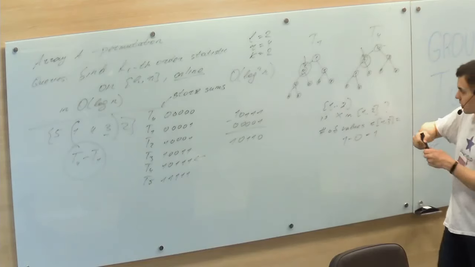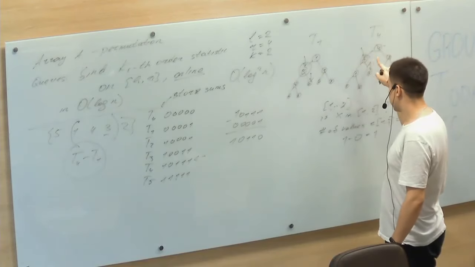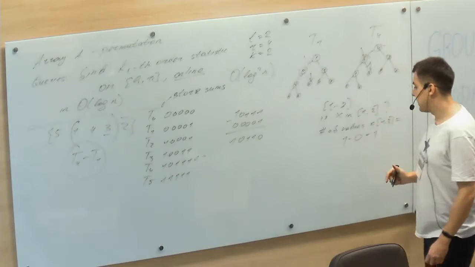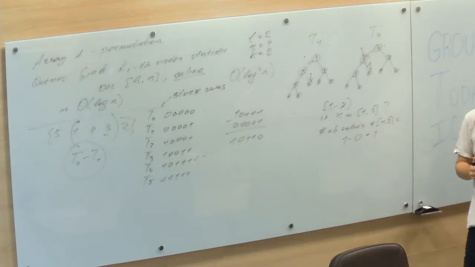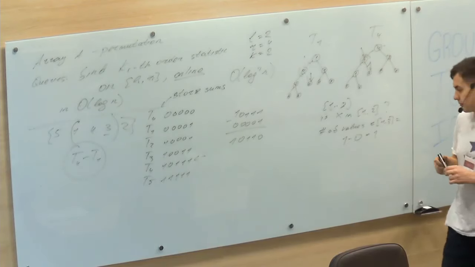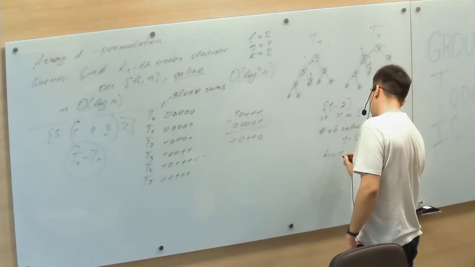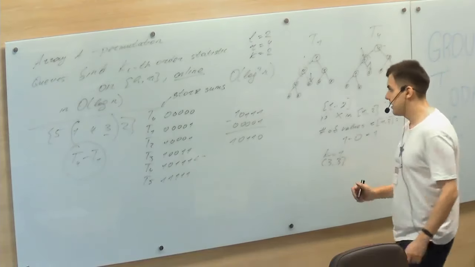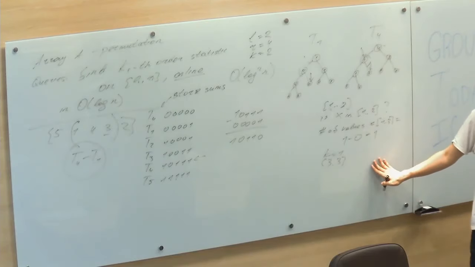That means that we should go to the right. In this case, we decrease k by what we skipped on the left: k minus equal 1. Then our working segment is from 3 to 3, and since we're at the leaf, we know that 3 is the answer.